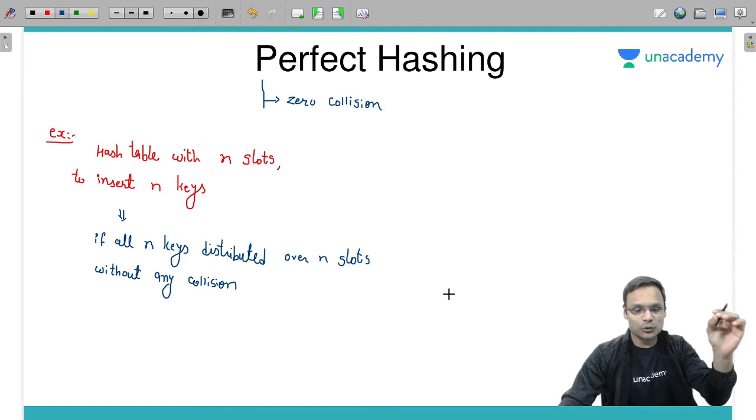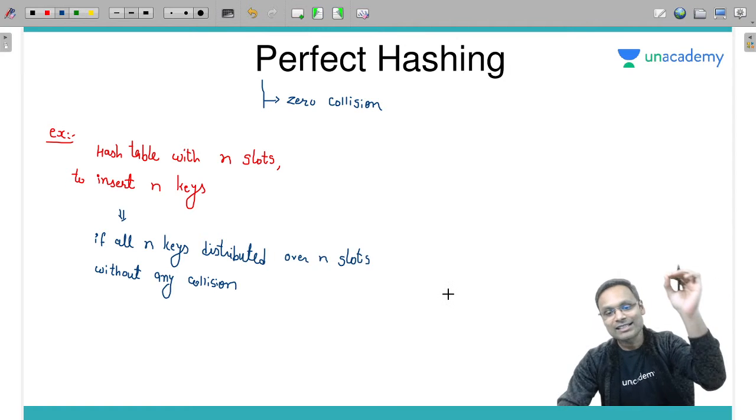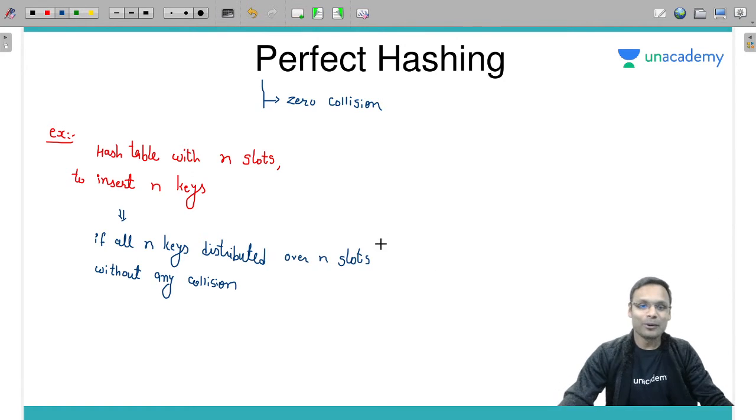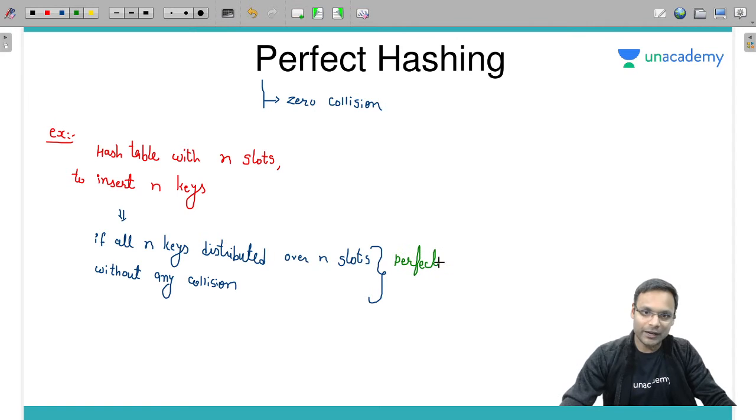That particular situation is called as what? Perfect hashing. Yes. Perfect hashing.